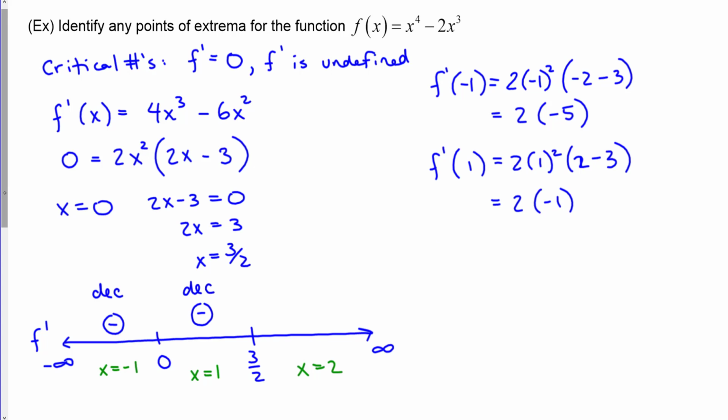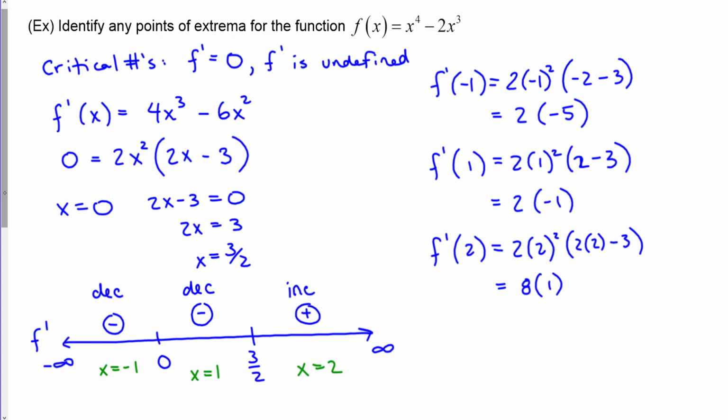And lastly, my derivative at 2 is 2 times 2 squared times 2 times 2 minus 3. So 2 times 2 squared is 8, 2 times 2 is 4, and 4 minus 3 is 1. The result over here is positive, so we are increasing on this interval.